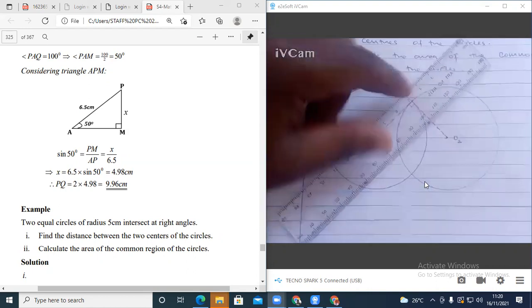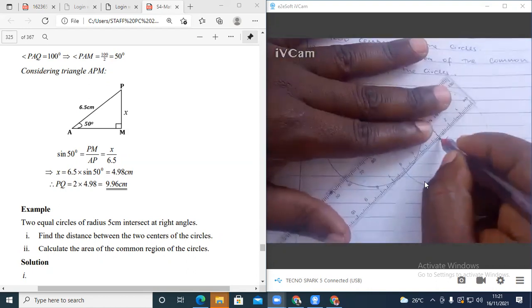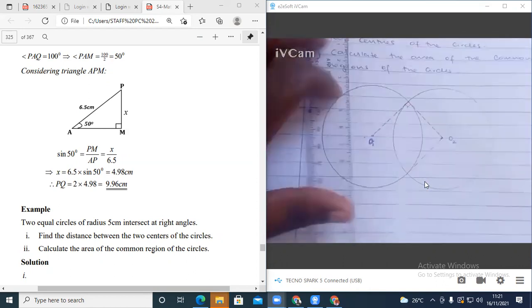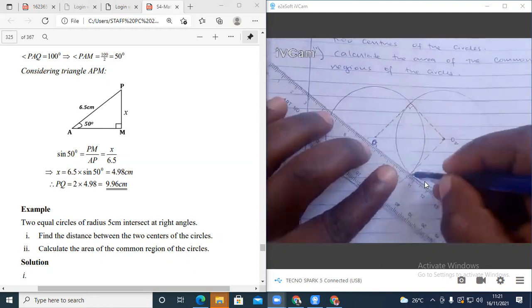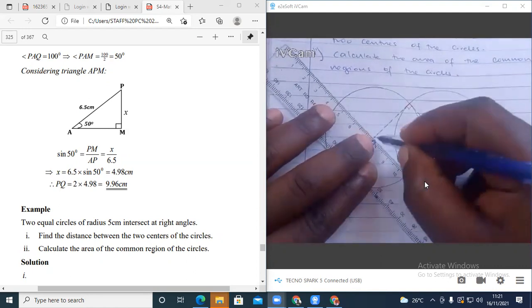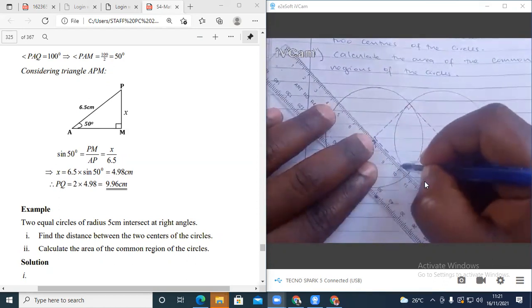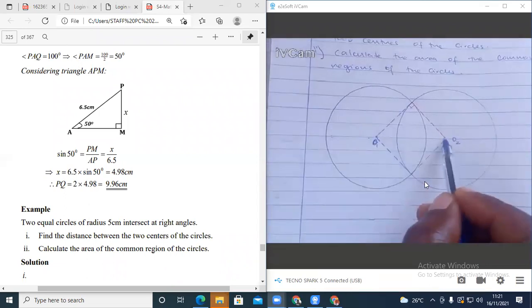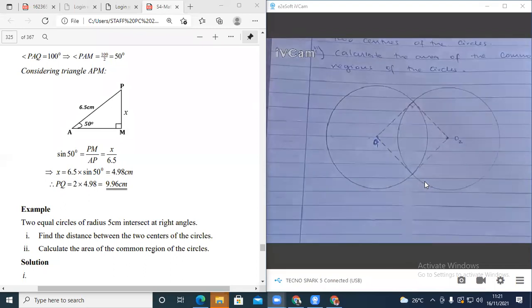Okay, so I'll complete. I'll put this other radius here, and then this other one here. Like that. Now, what do they want? Find the distance between the two centers, from here up to here. The other thing that you should know is that those two circles have got a common chord.